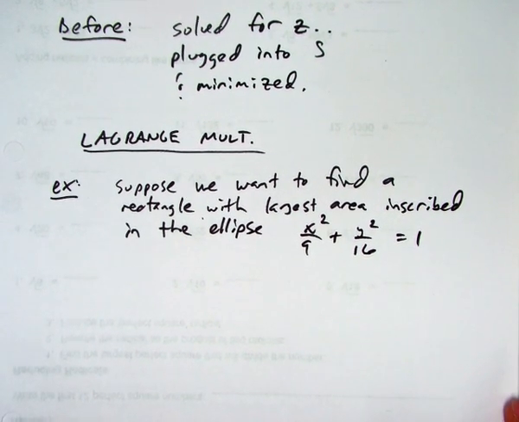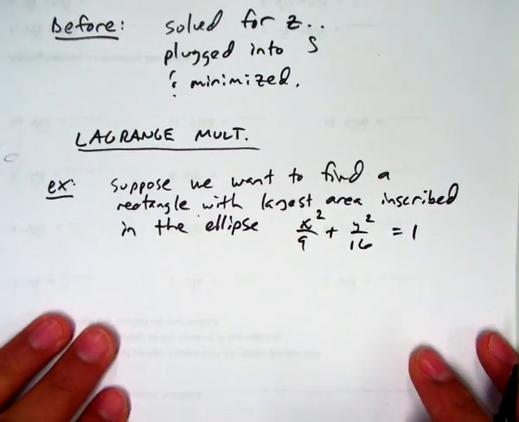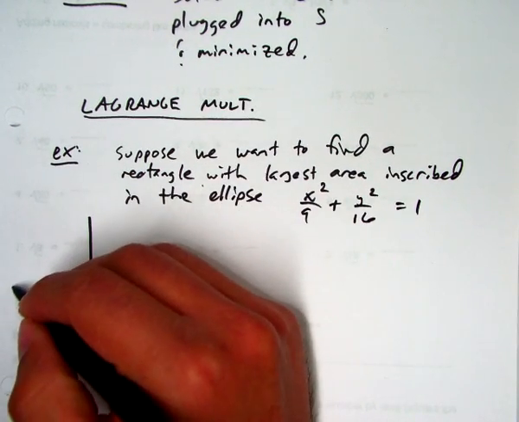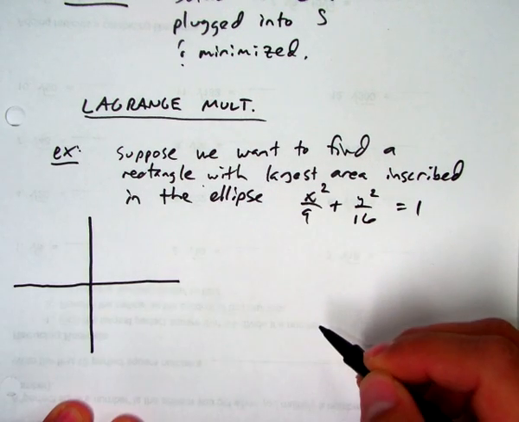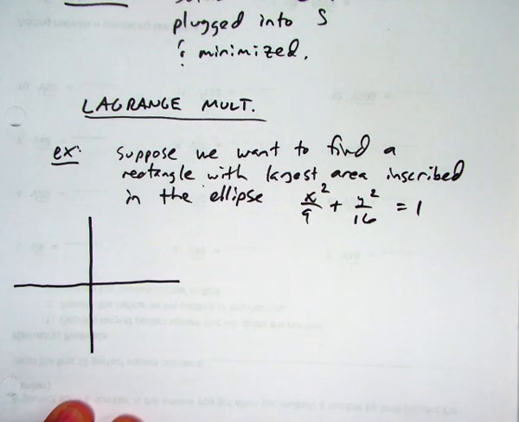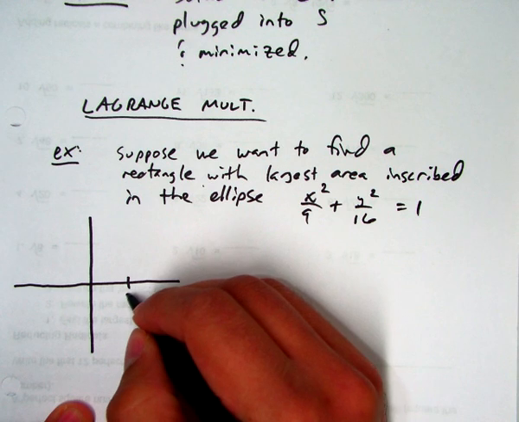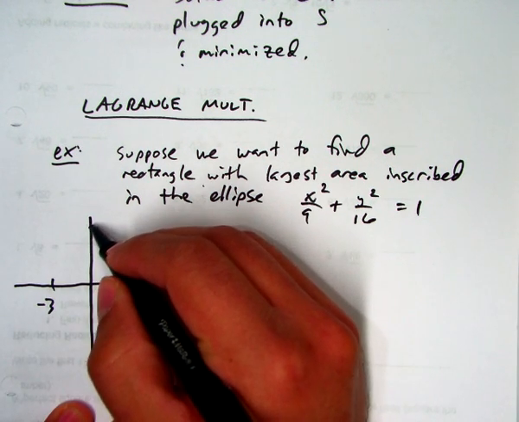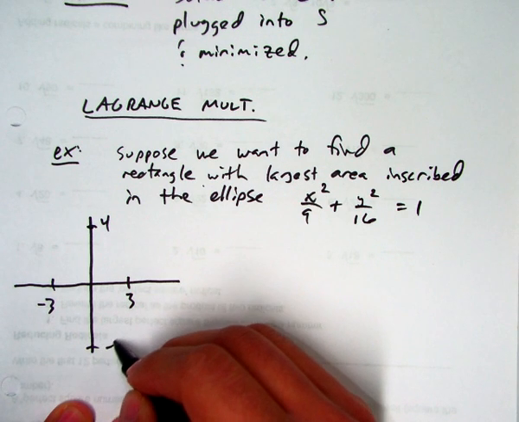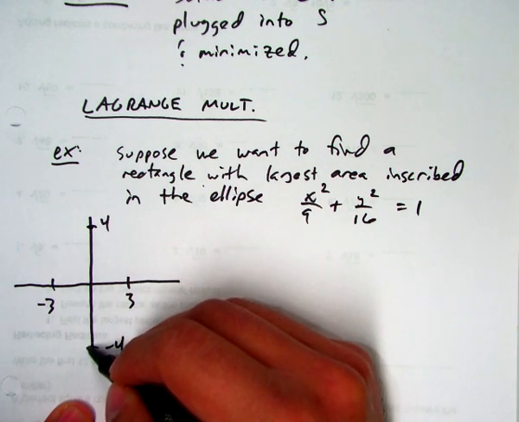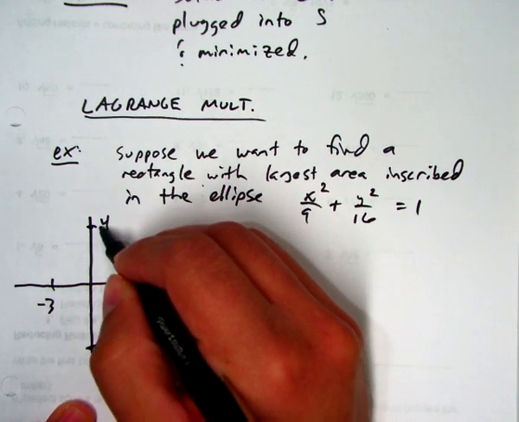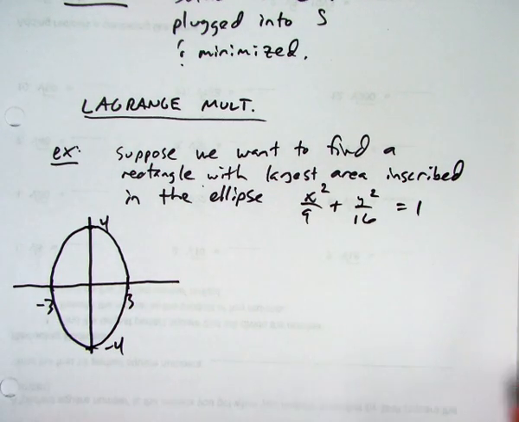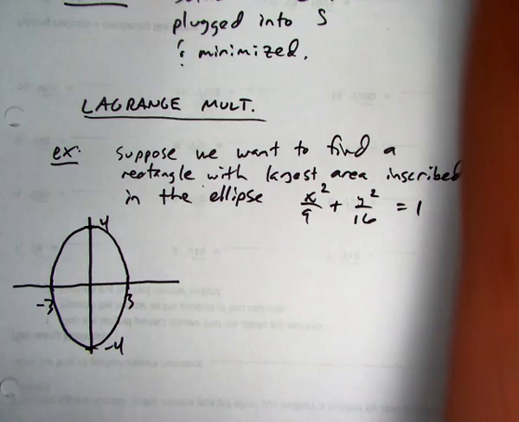Let's see. So, picture. X-intercepts are 3 and negative 3. Y-intercepts are 4, negative 4. So here's our ellipse.